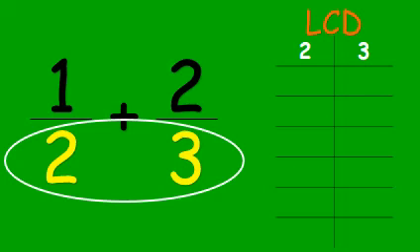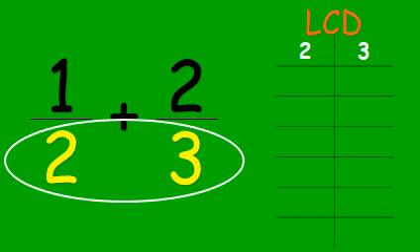To help me find the lowest common denominator, I have created a table to the side. I have the denominator 2 at the top of my first column and the denominator 3 at the top of my second column. Earlier in the lesson, we went over our vocabulary words and one was multiples.